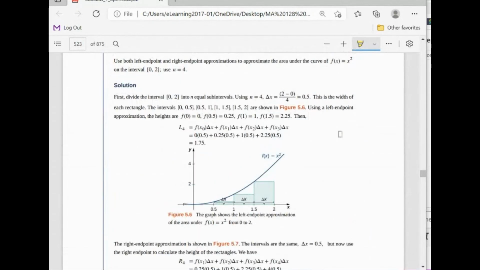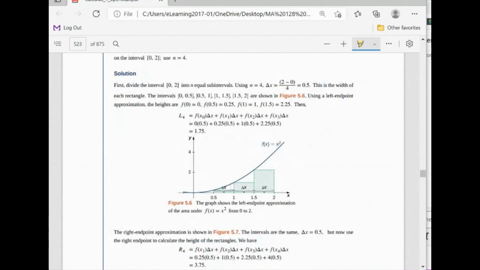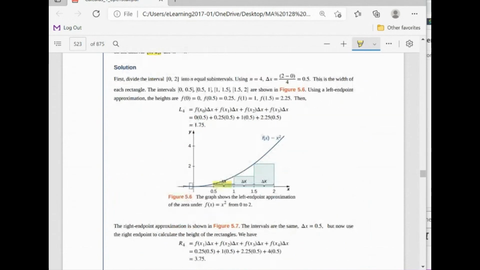I would like to show you this example. This is the graph of y equals x squared. We would like to find the area under this curve from 0 to 2, the area that is under this curve until the x-axis.